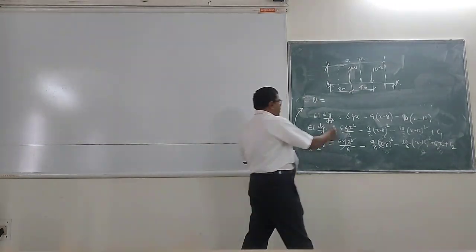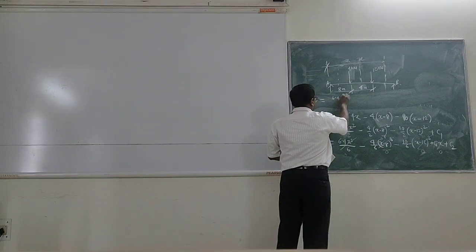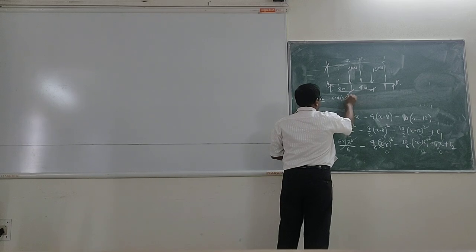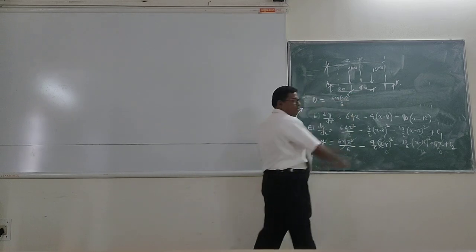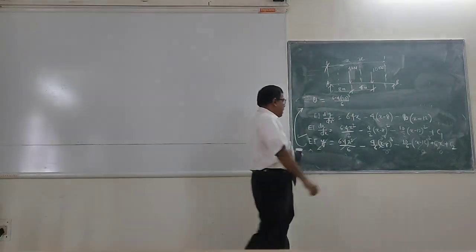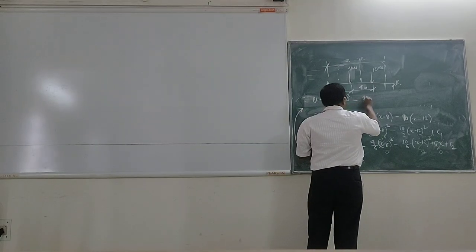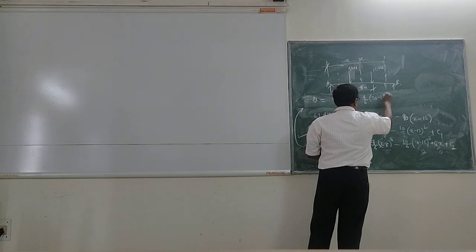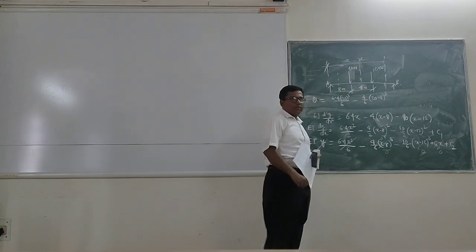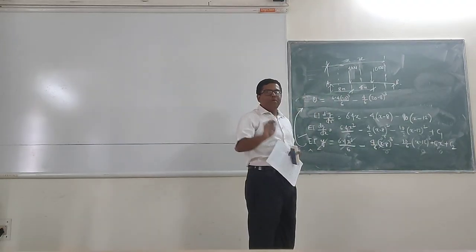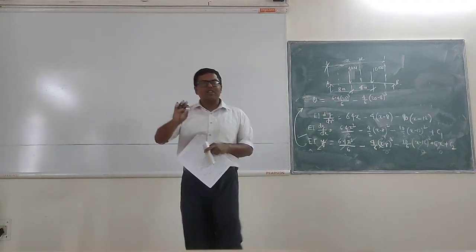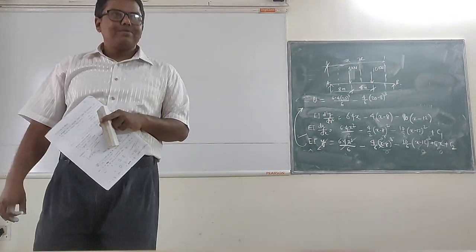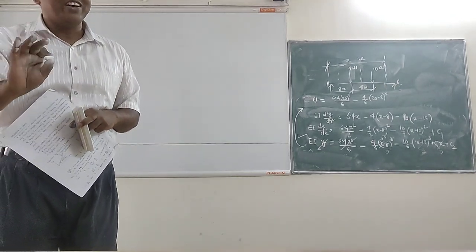So put the value of 20: 6.4, 20 cube by 6. Got it? Minus 4 by 6, (20 minus 8) cube. So tell me now, is 20 minus 8 positive or negative? Positive. So it should be evaluated.